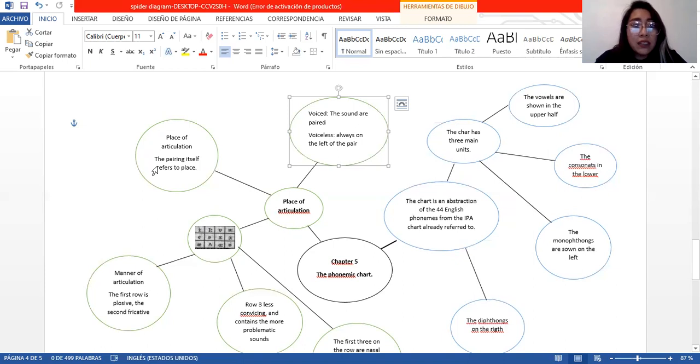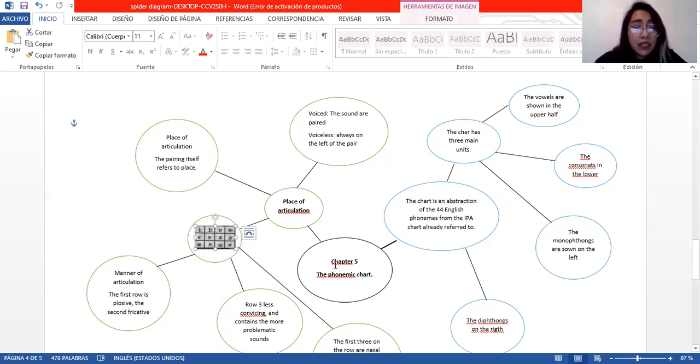The pairing itself refers to the place in which we need to place, for example, our tongue or our vocal cords to pronounce these vowels in a correct way.